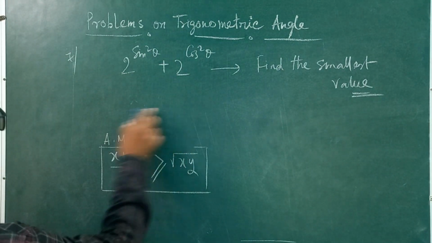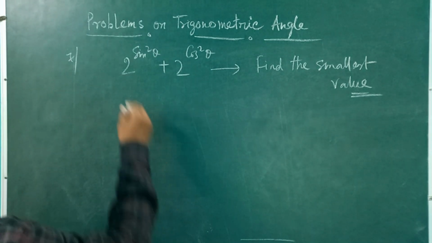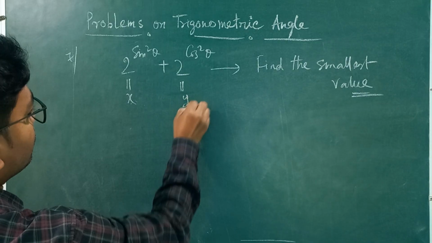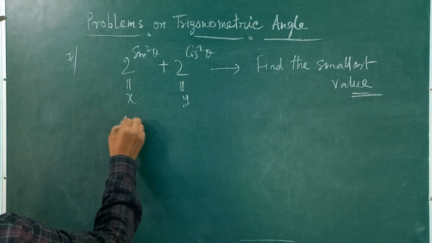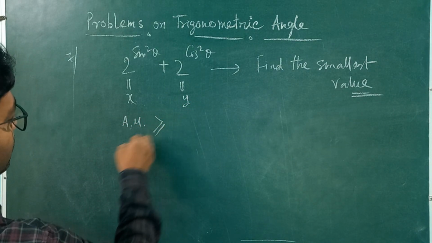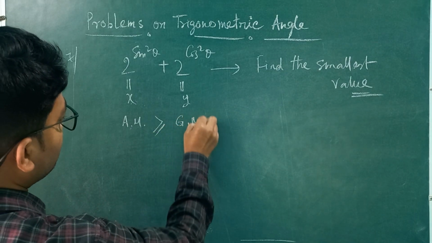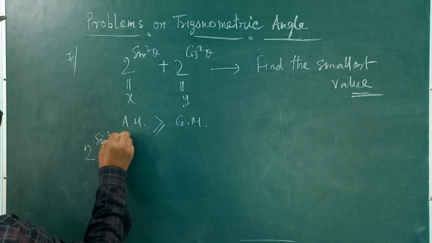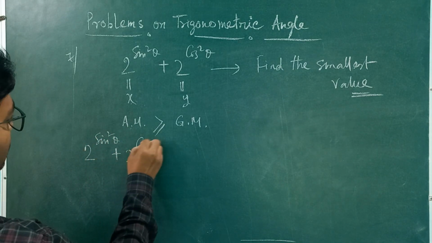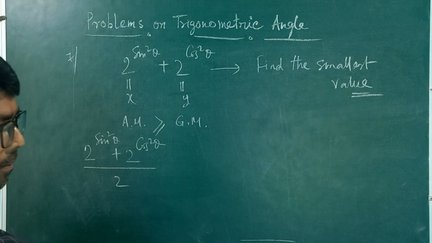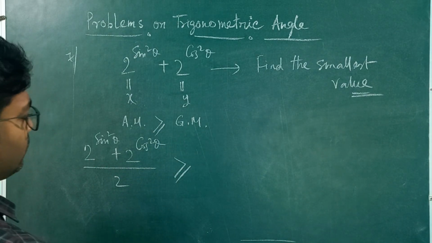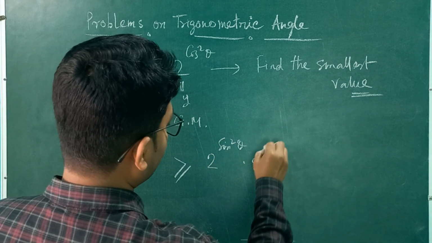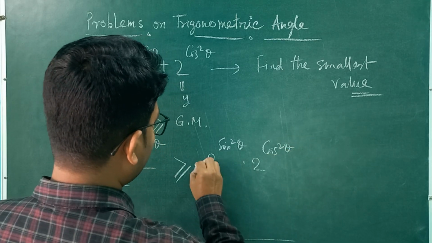So this one is our x, and this one is our y. Then the arithmetic mean of the numbers is greater than or equal to the geometric mean, that is, 2 to the power sine square theta plus 2 to the power cos square theta by 2 is greater than or equal to root of 2 to the power sine square theta times 2 to the power cos square theta.